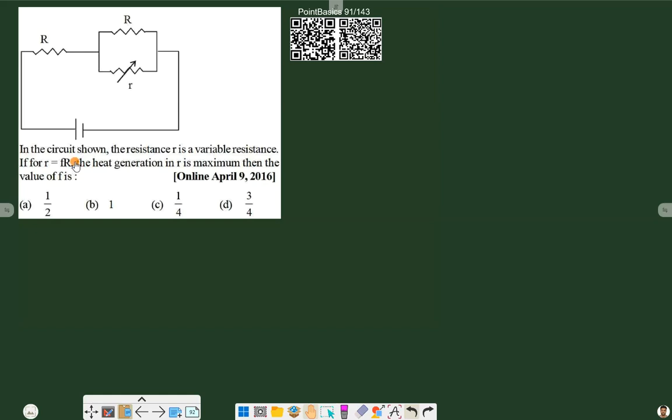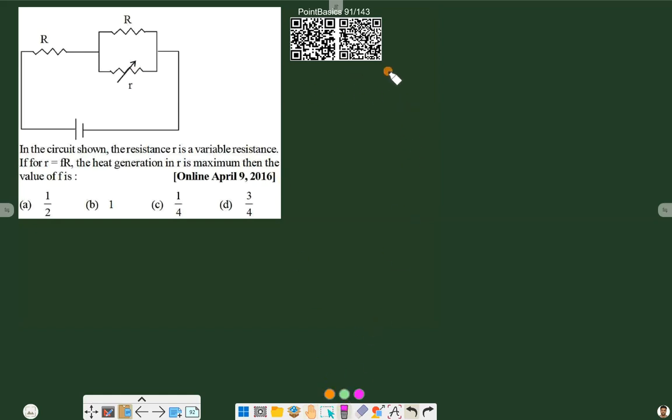So first we have to calculate the value of heat generation through the small resistance, and then we will maximize that. To find the heat across this small r, we can either find the current through it or the potential across it, and then using those values we can find the heat across it.